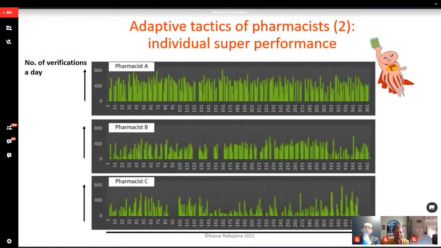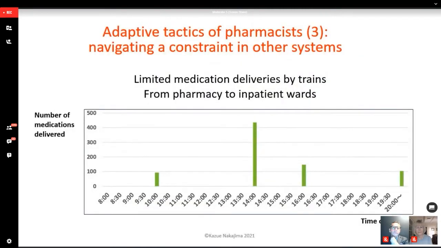For example, pharmacist A stretches his capacity of verifications a day, which was by far the best. The third one is navigating a constraint in other systems. The pharmacy department runs medication delivery trains to inpatient wards only 4 times a day because pharmacists need slack in their performances.